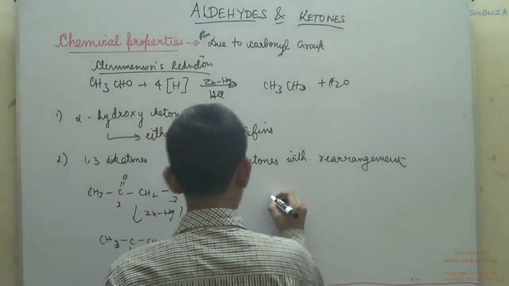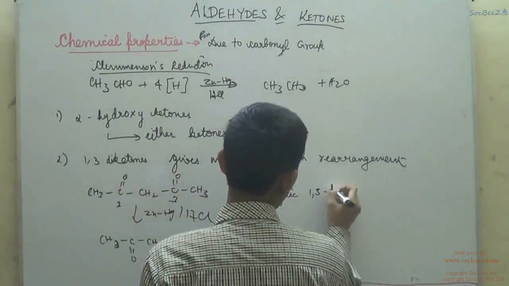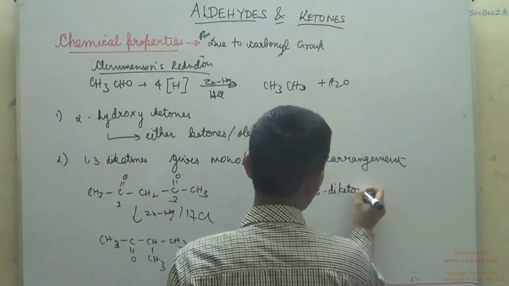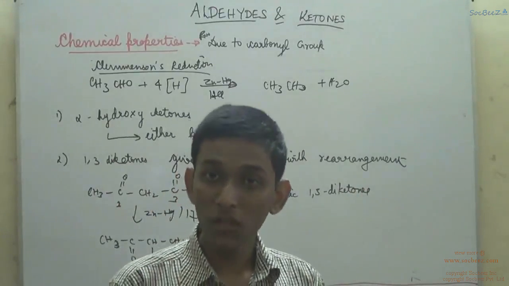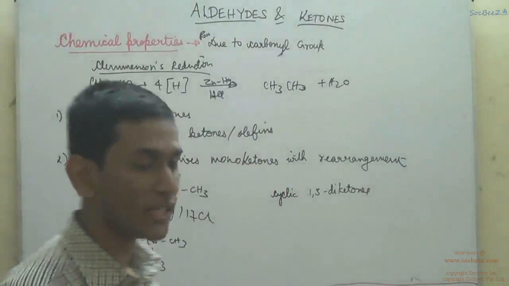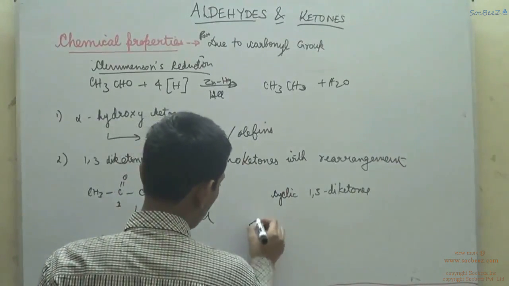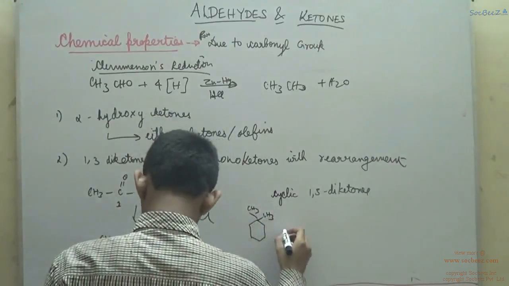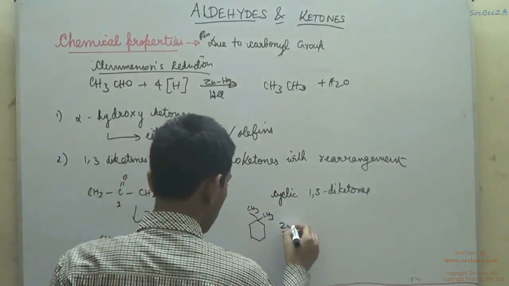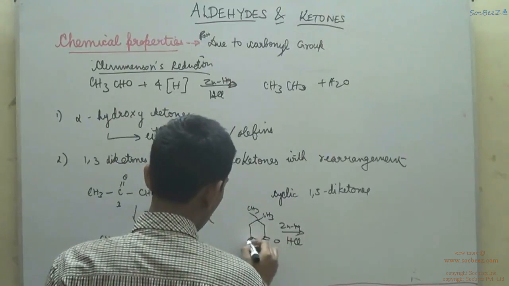However, if you have cyclic 1,3 diketones, it will give the fully reduced product, but another product will be formed, which is a ketone with a ring contraction taking place. Okay, so if you have this particular compound, CH3, CH3, and if you treat with ZnHg, HCl, sorry, I forgot the diketone part.